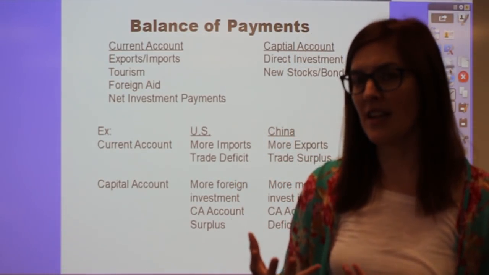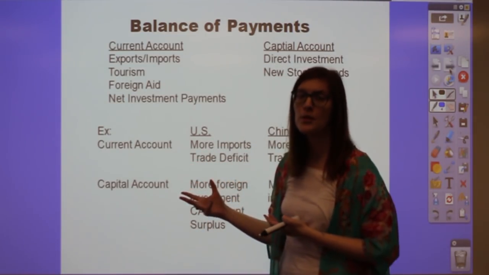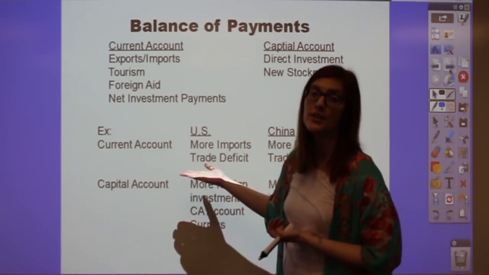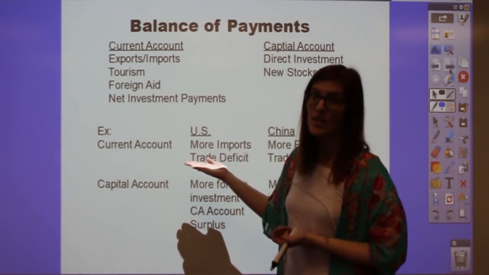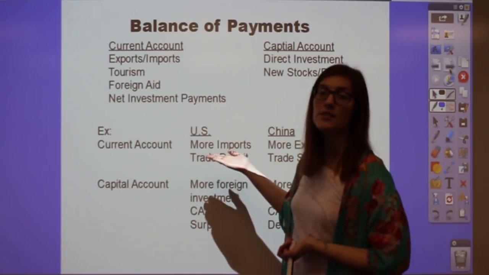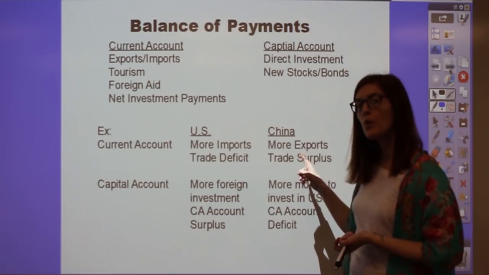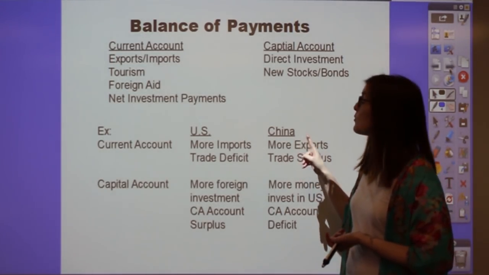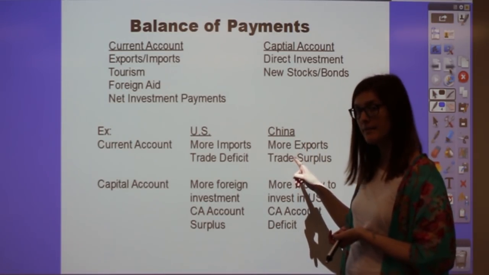So how this works is kind of interesting. If the United States, and I just have an example with the United States and China, where the US is importing more goods from China, that is a liability for the United States, which would create a current account deficit. For China, if we are importing more from them, that means they're exporting more, which is an asset for China, which would create a current account surplus for China.